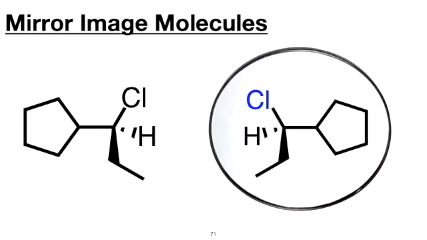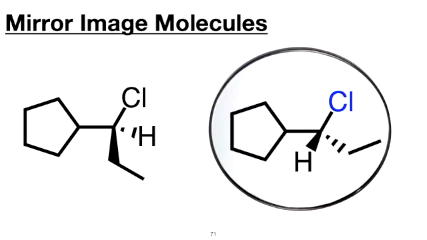And if you do that rotation, now hopefully you can see that the two structures are not superimposable. You can't put one onto the other and call it the same molecule. These are different. And this is what makes two stereoisomers, or enantiomers.